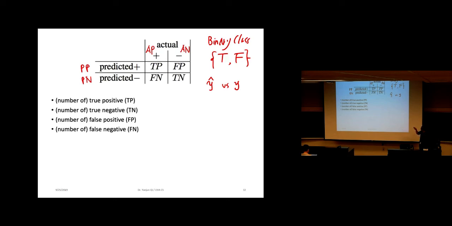False positive is predicted as positive, but its true label is negative. False negative means its true label is positive but it got predicted as negative. And of course, true negative means it's predicted as negative and its true label is also negative.